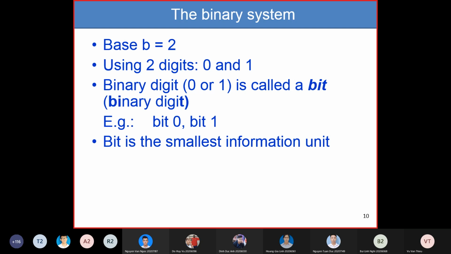So in the binary system, we use only two digits, 0 and 1. 0 and 1 are also called binary digits, or bits, and also the smallest information unit. So 0 and 1 are a bit, a binary digit, and also the smallest information unit. That is, two symbols, two digits, in a binary system.